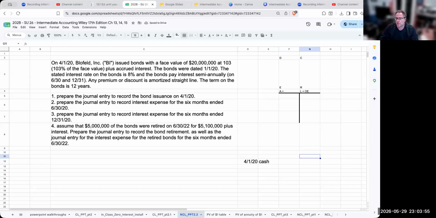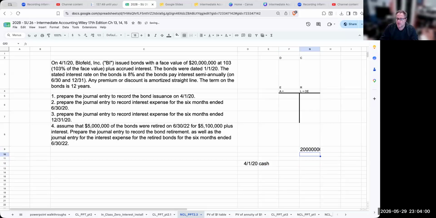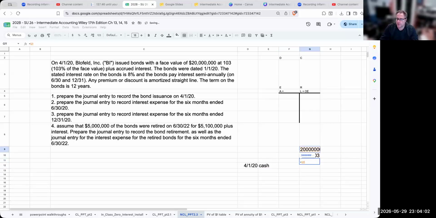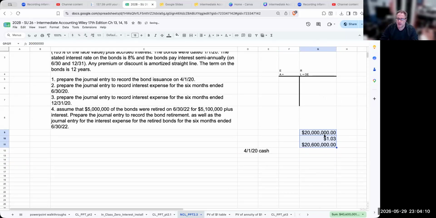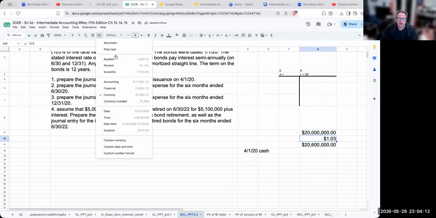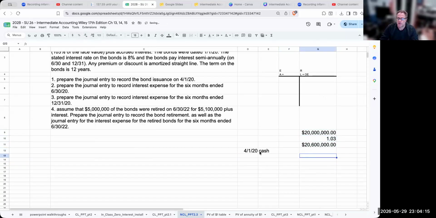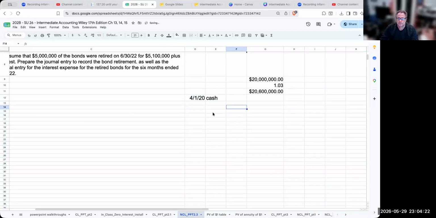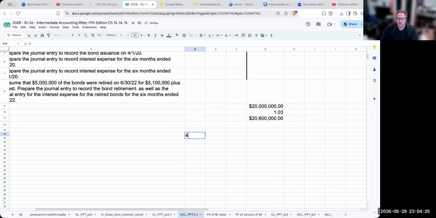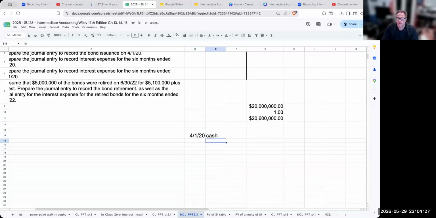The amount of cash we're going to receive is 20 million times 1.03, or 20 million 600,000. So on 4/1/20, I'm receiving cash of 20,600,000.